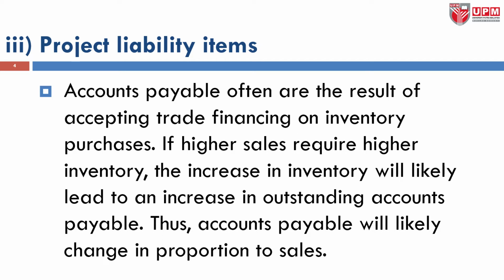If higher sales require higher inventory, the increase in inventory will likely lead to an increase in outstanding accounts payable. Thus, accounts payable will likely change in proportion to sales.